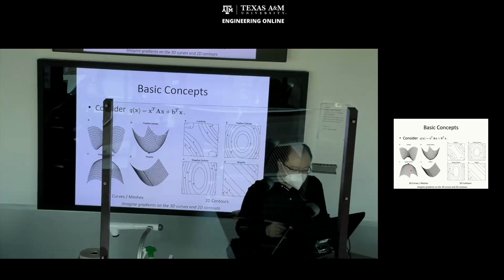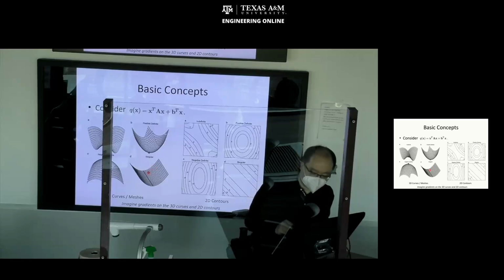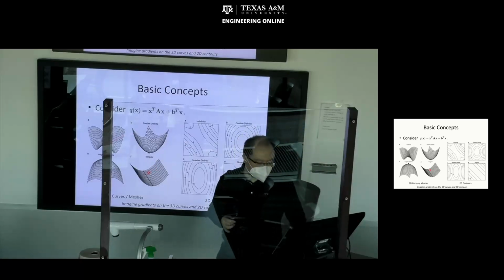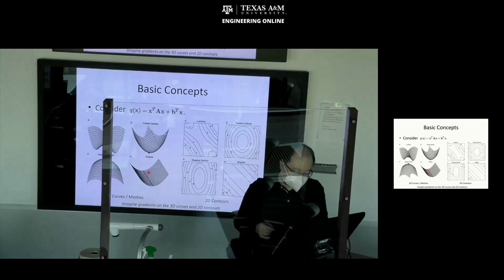If A is positive semi-definite, in that case, what do you see? That means along some dimension, I have a convex shape like this, but along some other dimension, I have a constant curvature, like what you see here, this line.